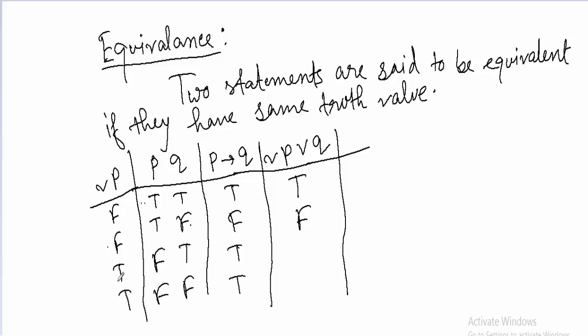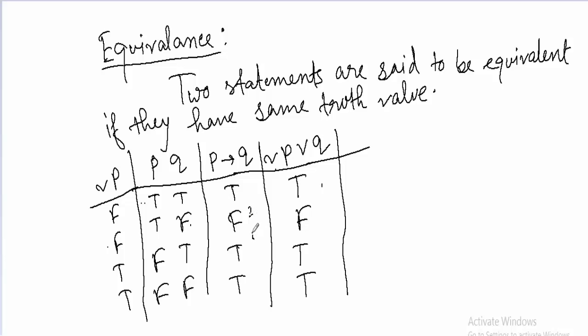Then third, not P is true, Q is true, so this will be true. Fourth, not P is true, Q is false, so the union of this will be true. So we can see from here that P implies Q and not P union Q both have the same truth value.